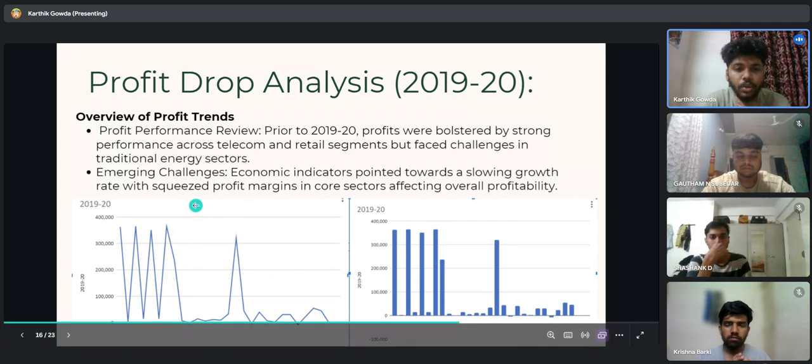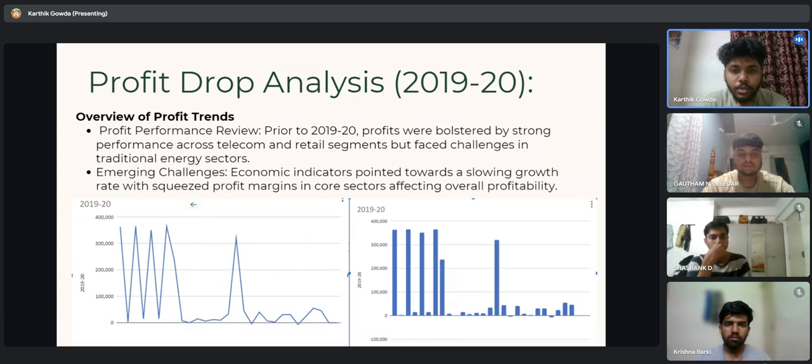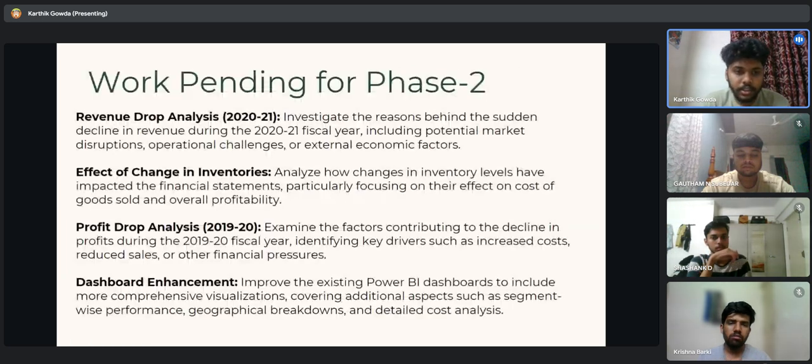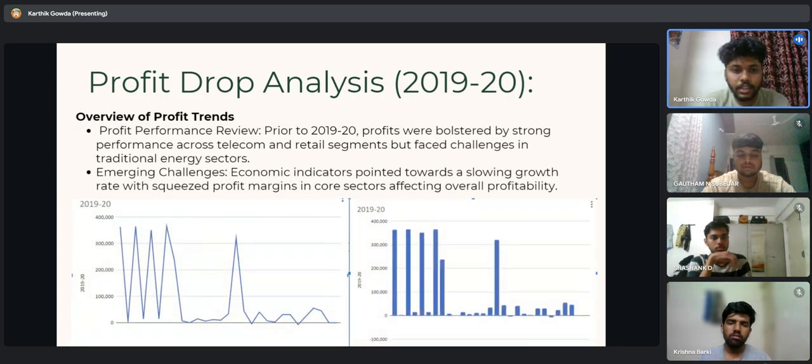It shows how the profit dropped in the 2019-20 year, the overall profit trend. So, in the profit performance review, as you can see, in 2021 we checked the revenue drop analysis, and in the profit drop analysis we have taken the 2019-20 year.